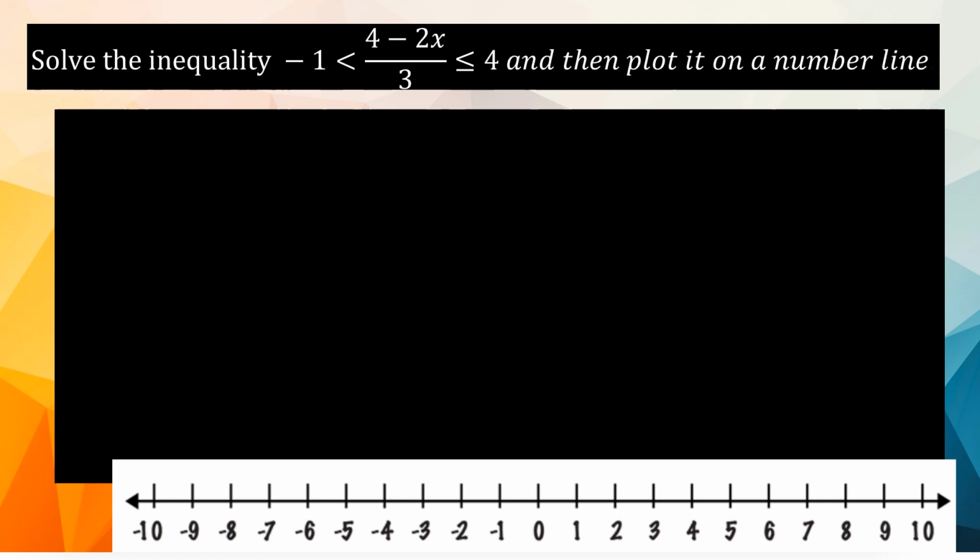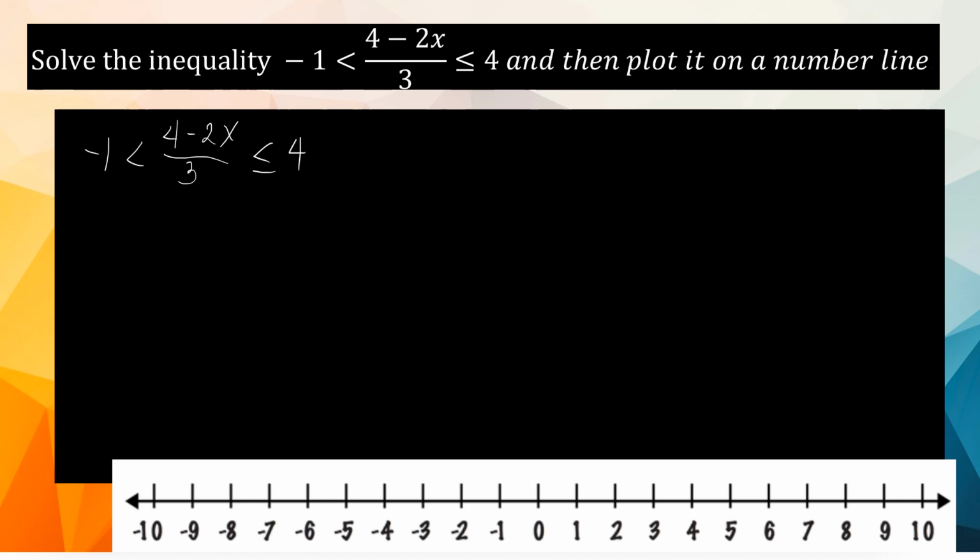Okay, so let's start with this one. So let me copy first the given. So we have (4 minus 2x) over 3 is less than or equal to 4.